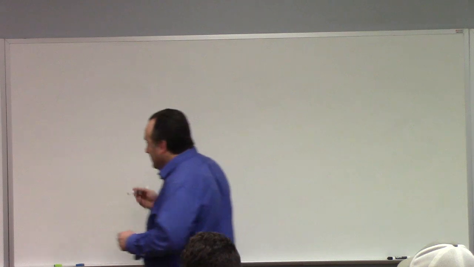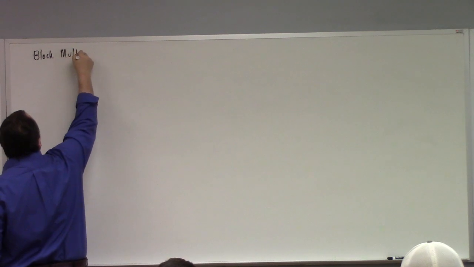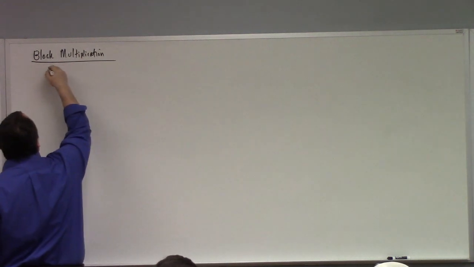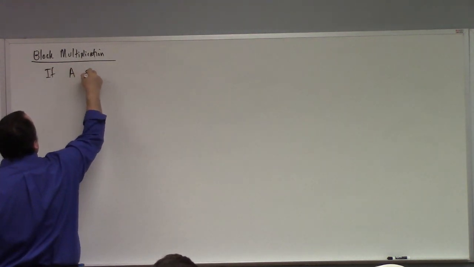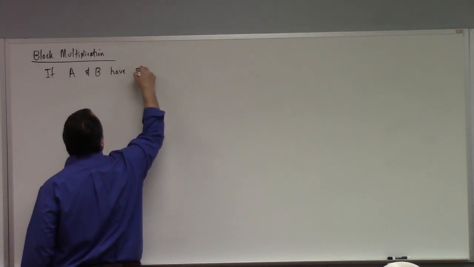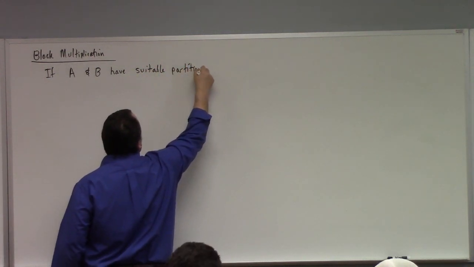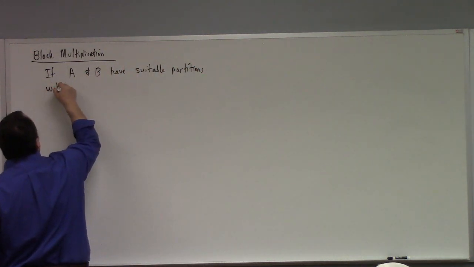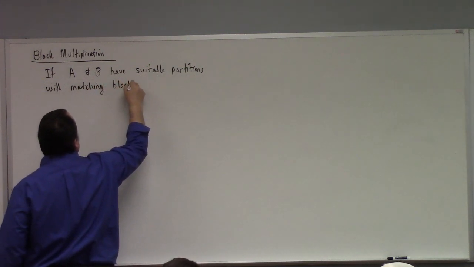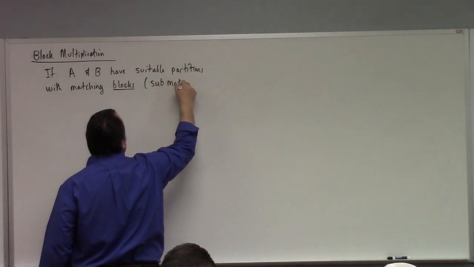So block multiplication is an interesting idea. Here's the deal. If A and B have, let's just say, suitable partitions with matching blocks, so blocks is just another word you might say for a submatrix, okay?